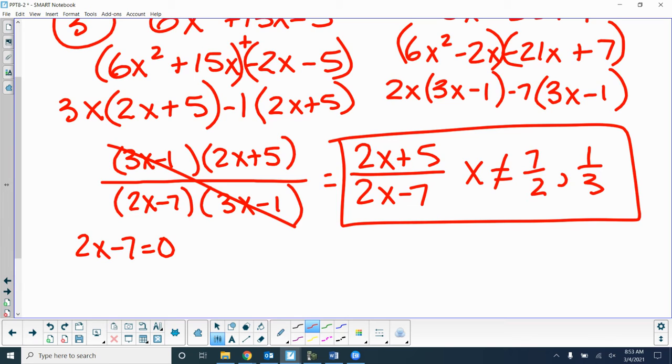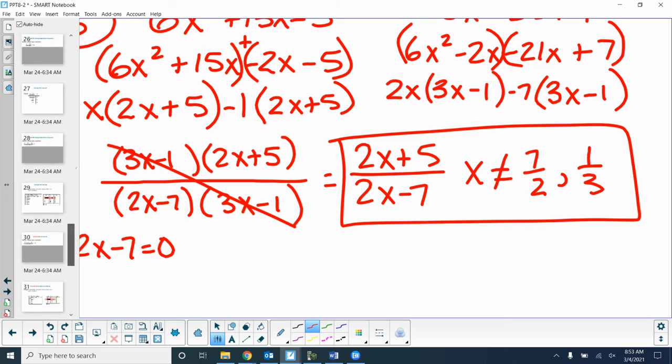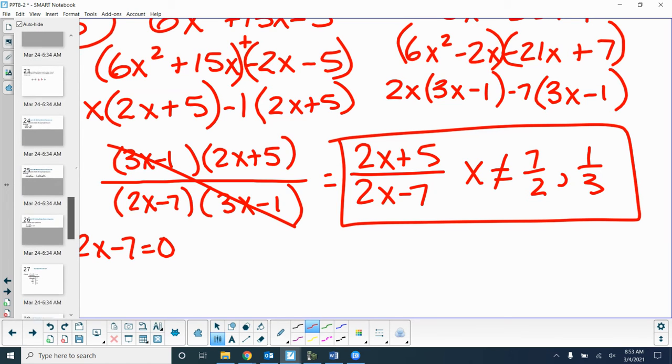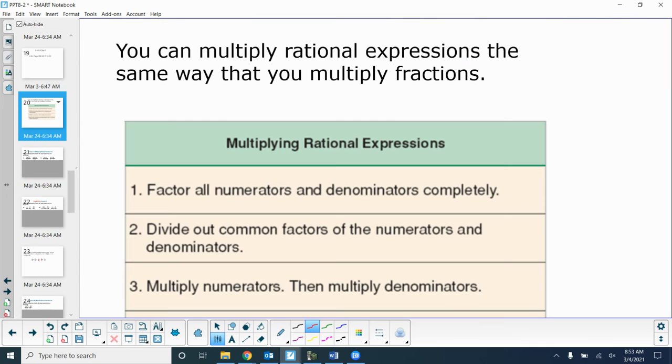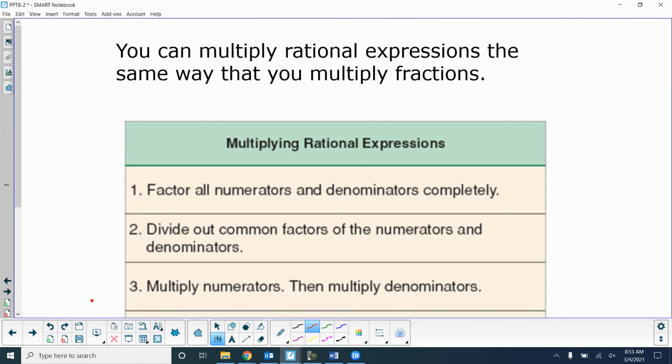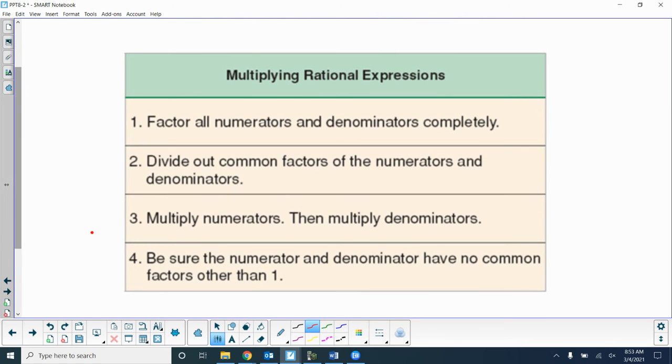All right, we're still going to do this stuff today. Okay? But we're going to multiply and divide these fractions. We still have to factor. Okay? So let's go back to where we stopped yesterday. All right. So we're going to multiply. Factor all numerators and denominators completely, just like we did last night.